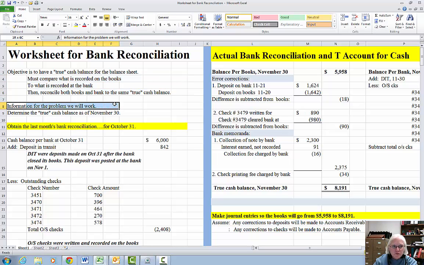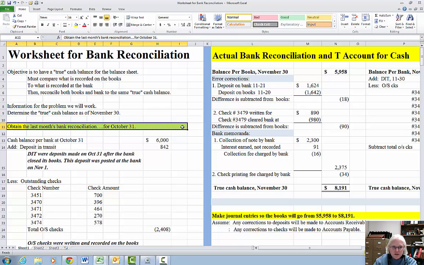So here's some information for the problem that we're going to work with, and the objective or the end result or the required or instructions, whatever you want to call it, is to determine the true cash balance as of November 30th. So the first thing we're going to do is get last month's bank reconciliation.